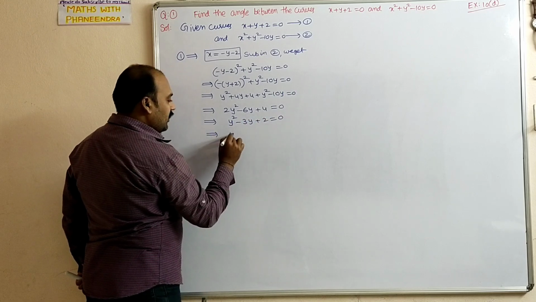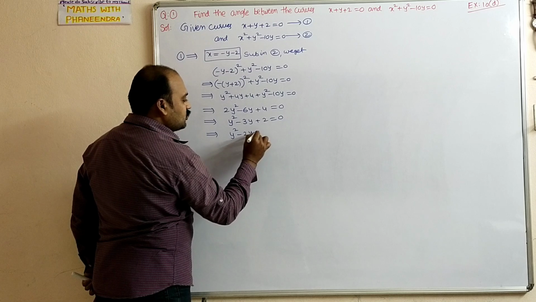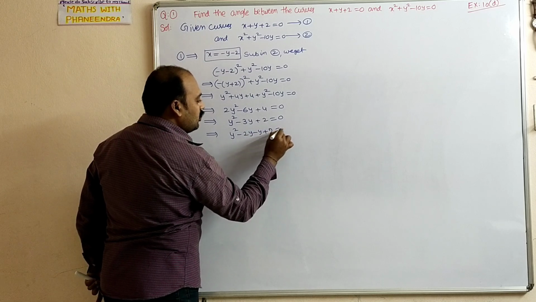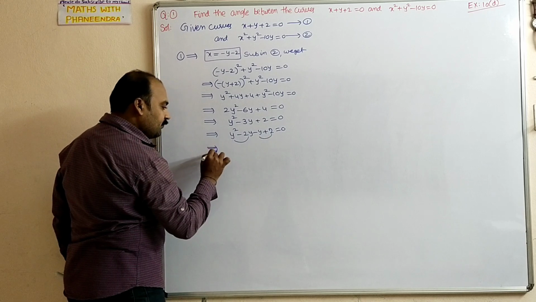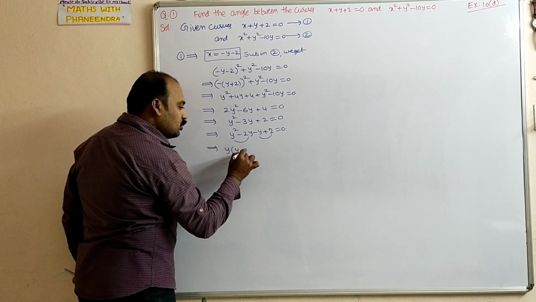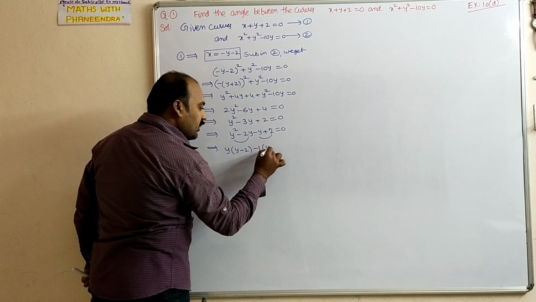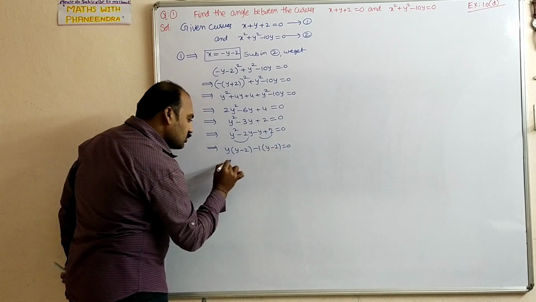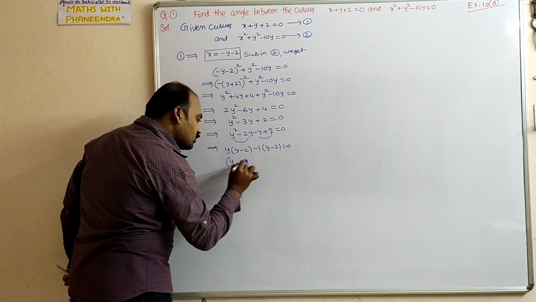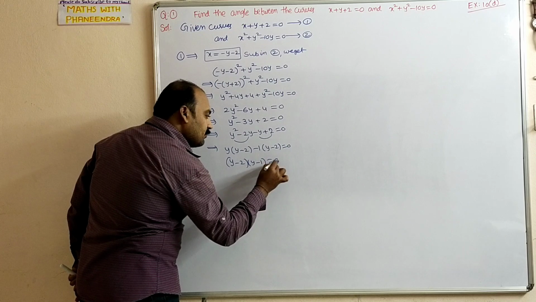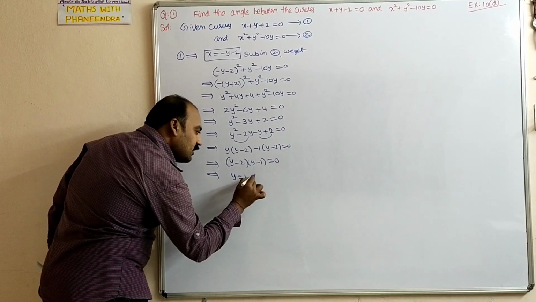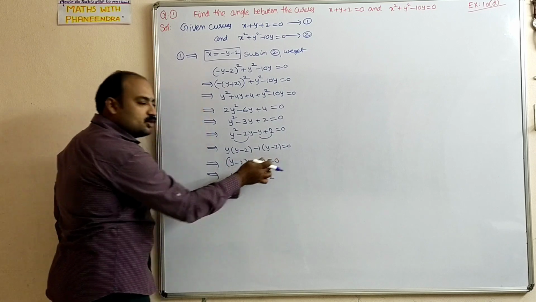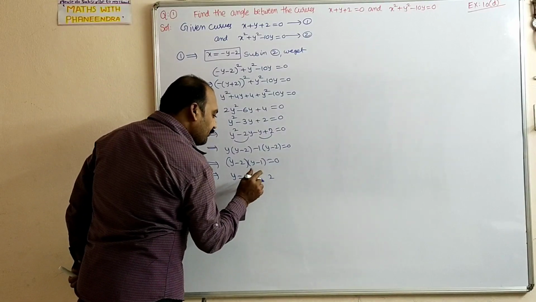Factorization: y square minus 2y minus y plus 2 equal to 0. From these two y take common, from these two minus 1 take common. y into y minus 2 minus 1 into y minus 2 equal to 0. So y minus 2 into y minus 1 equal to 0. That implies y is equal to 1 and y is equal to 2.